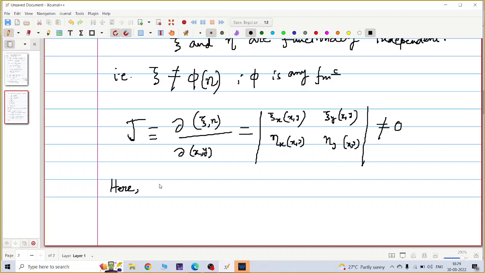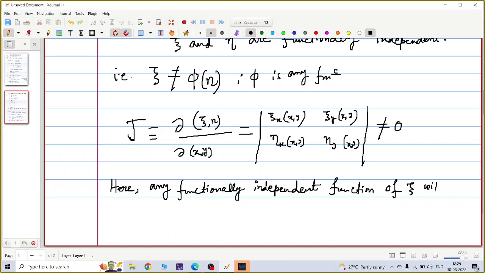So here any functionally independent function of xi will also be taken as eta. Now I will show you the options. Let me go to the next option.